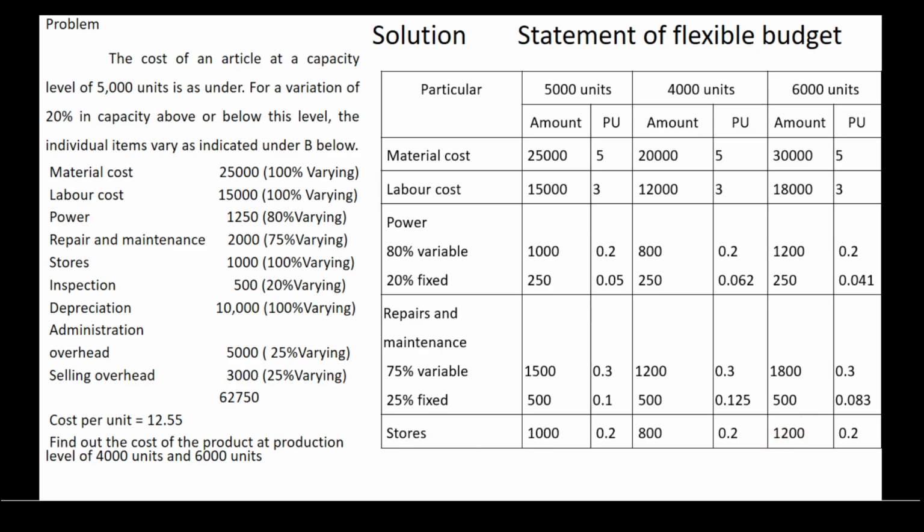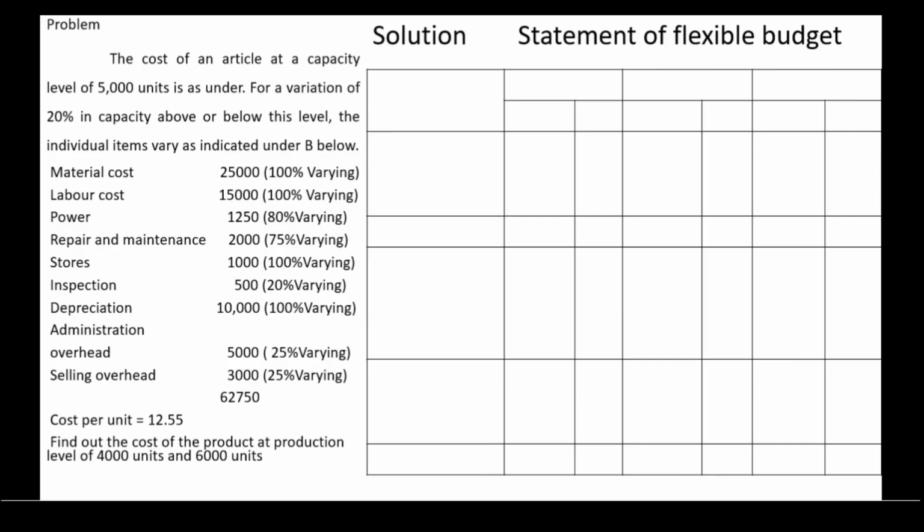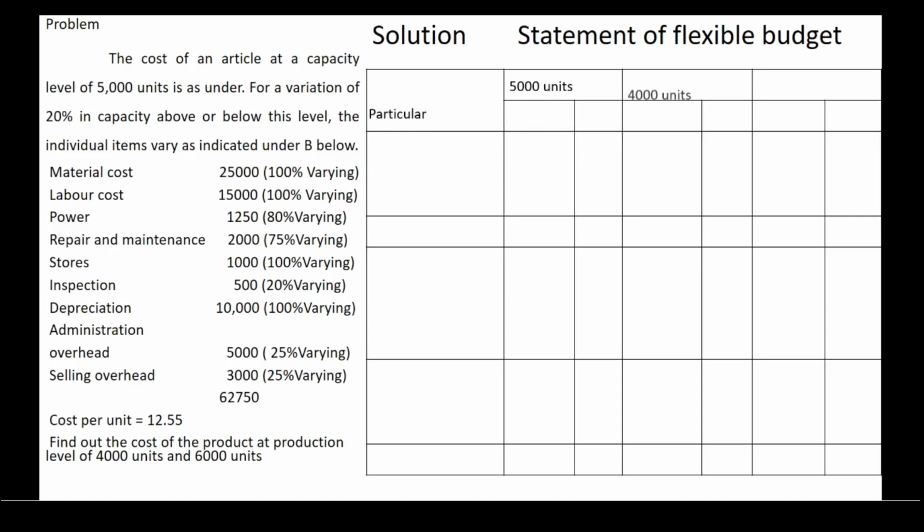And the next one, that is the inspection. So the same format continues. Okay, the next one is the inspection. So in the inspection, the amount is 500. Here 20% is variable, the remaining 80% is fixed.